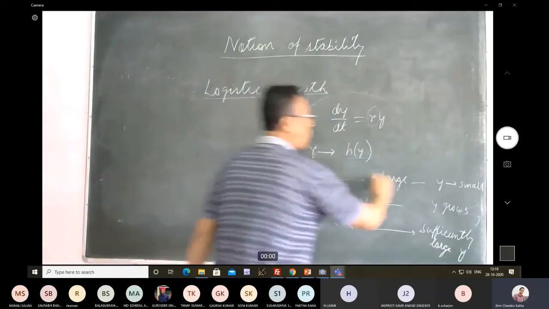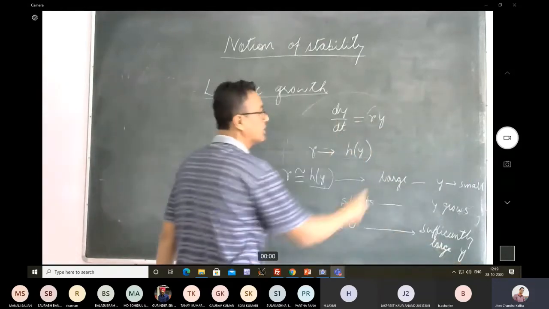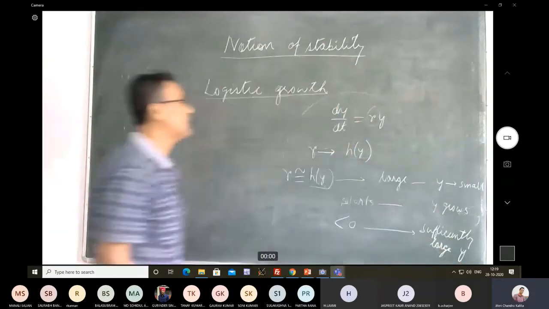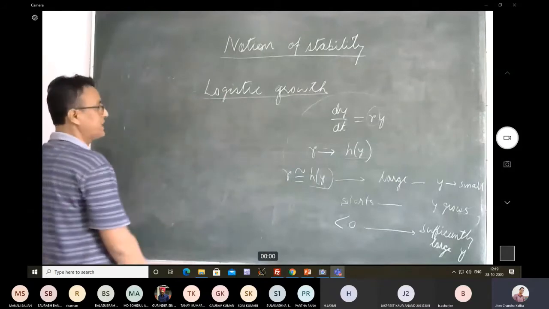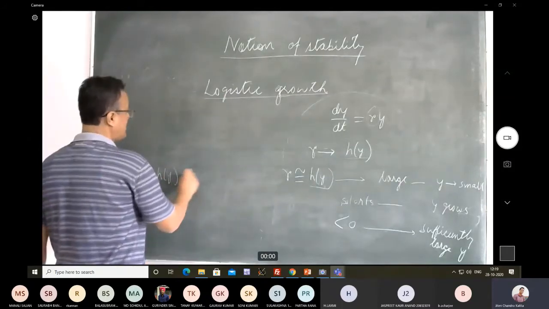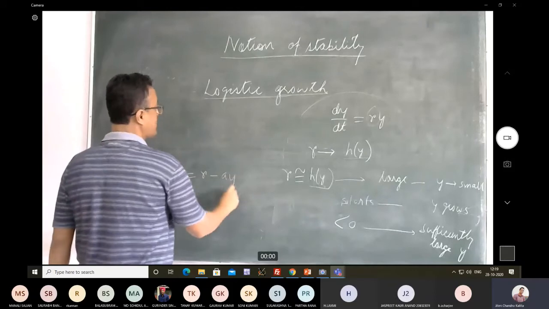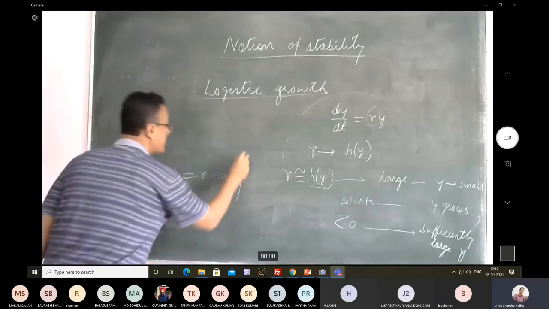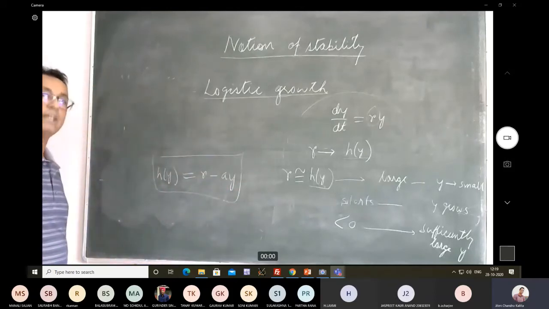If you consider all these three attributes that we ideally want, then h(y), if you take it as r minus ay, is a very good case.